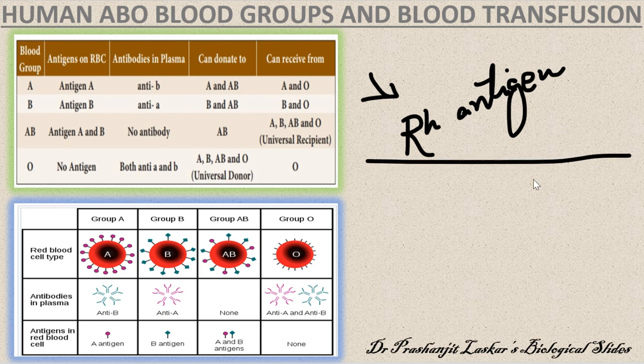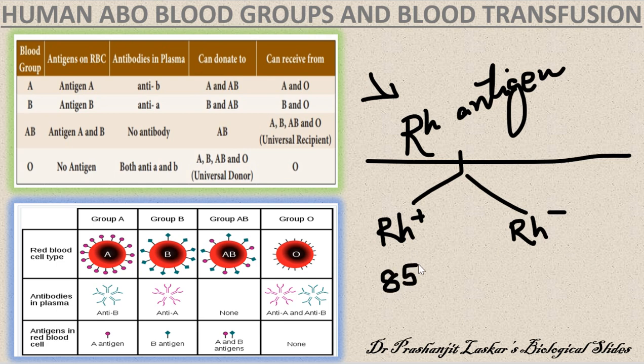The human population is divided into Rh positive and Rh negative persons. Above 85% of the human population is Rh positive.